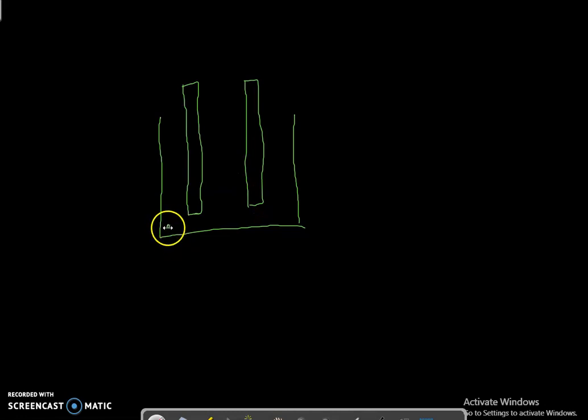Now inside the beaker we will have our electrolyte. Remember that the electrolyte is the solution, the liquid version of our ionic substance, and therefore it will contain ions, positive and negative ions.